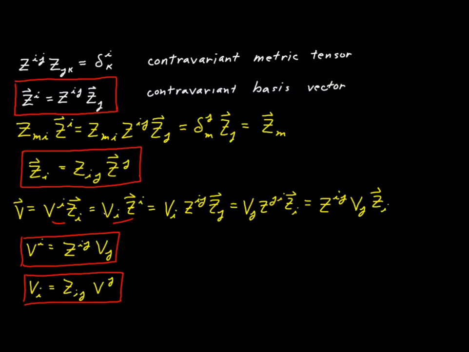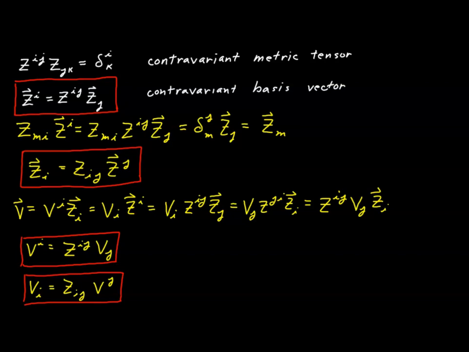So we can trade one for the other anytime we want, using these two formulas for raising and lowering indexes. Maybe you can appreciate now why we refer to the metric tensor as the fundamental tensor, because it is something of a conversion factor that connects the covariant and contravariant components of vectors and the basis vectors.